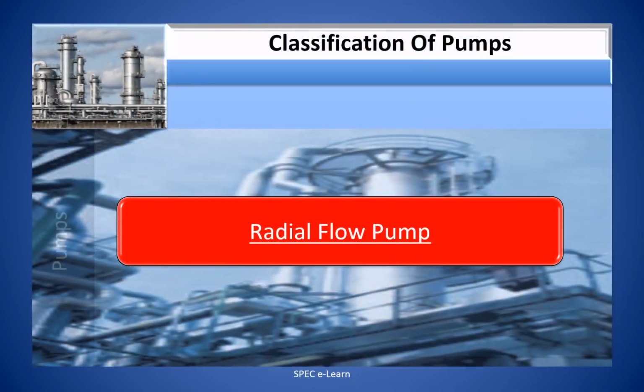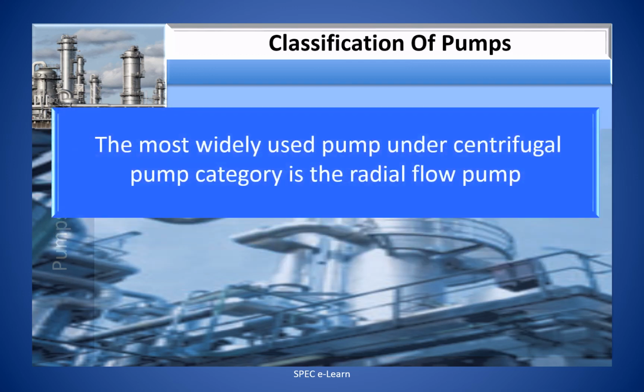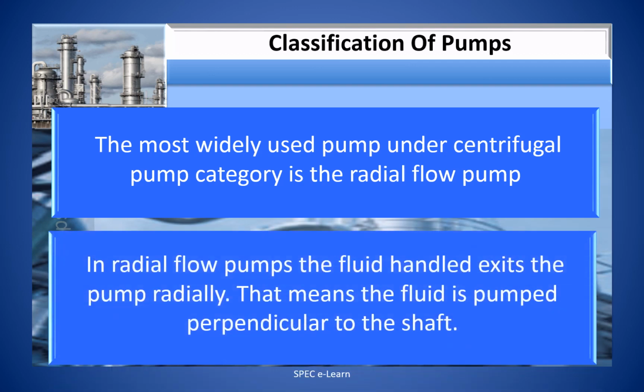The most widely used pump under the centrifugal pump category is a radial flow pump. For chemical and process engineers, the knowledge of the radial pump is very important. In radial flow pumps, the fluid handled exits the pump radially. This means the fluid is pumped perpendicular to the shaft.